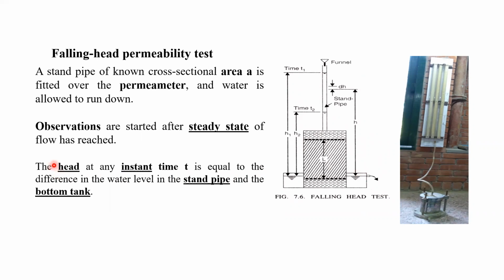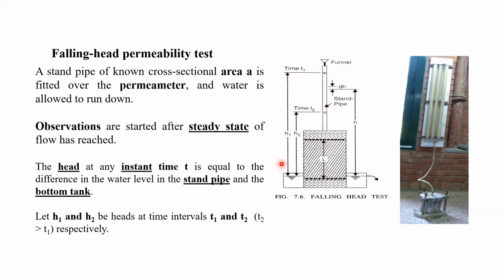So it says that the head at any instant time t is equal to the difference in the water level in the stand pipe and the bottom of the tank. Let us see in the figure: T1 is the time at which the water level is here. As time passes, the water level reaches this point, the height H2.